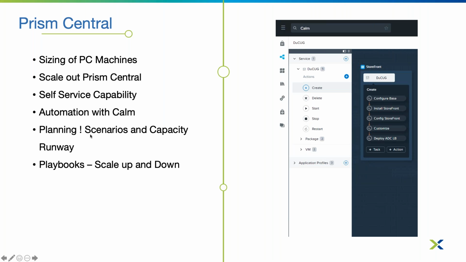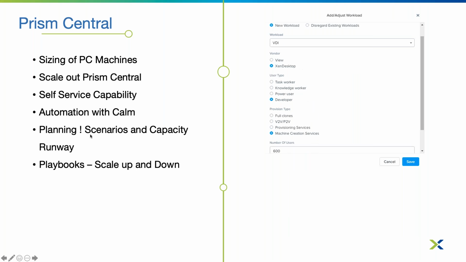Planning. The other thing Prism Central gives you is scenarios and a capacity runway, which we use a lot. One of the things you can do is say, I want to put a new workload onto the platform. It's a VDI workload. We're going to use Zen Desktop. They're going to be developers, and we're going to use MCS with 600 users.